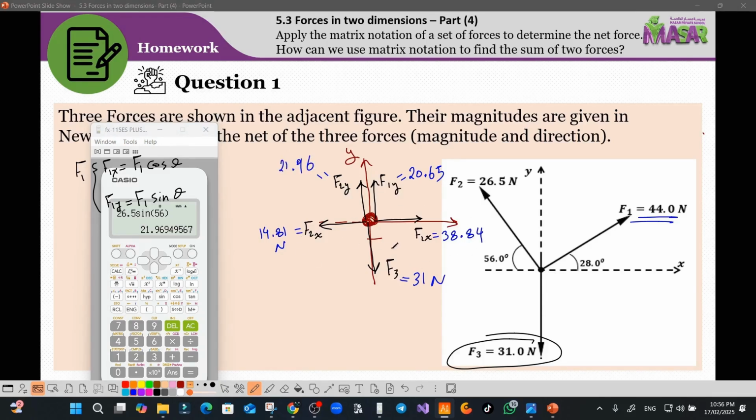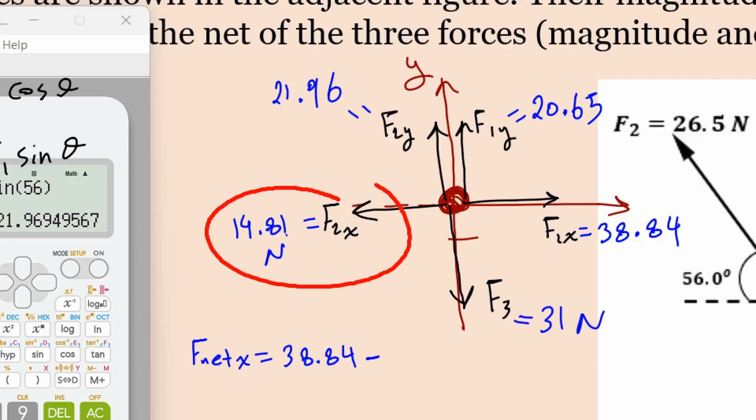Now the graph will help me to find the Fnet along the horizontal and along the vertical. So let's find the Fnet for the horizontal. We're going to add everything horizontally. Now the Fnet x is equal to... Here in this step, we're going to include the direction. We start with the plus, so 38.84. And for the second one, we're going to add the minus because it's pointed to the left. So this force is pointed to the left.